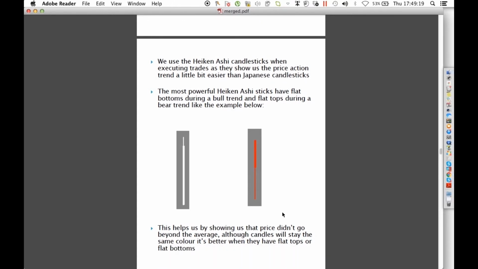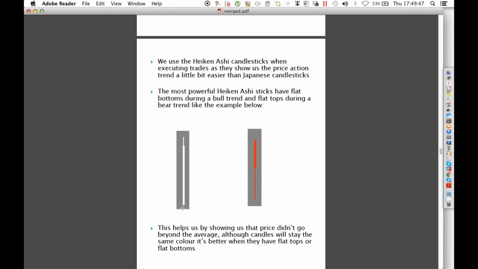We use Heikin-Ashi candlesticks when executing trades as they show us the price action trend a little bit easier than what Japanese candlesticks do. And the most powerful Heikin-Ashis have flat tops during a bull trend. The most powerful Heikin-Ashis have flat bottoms during a bull trend.